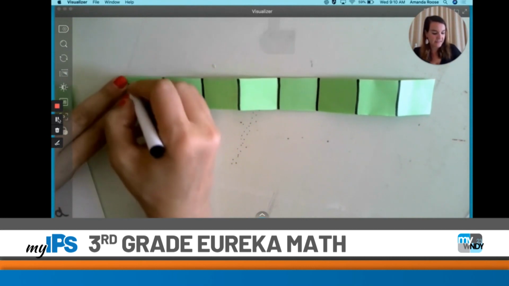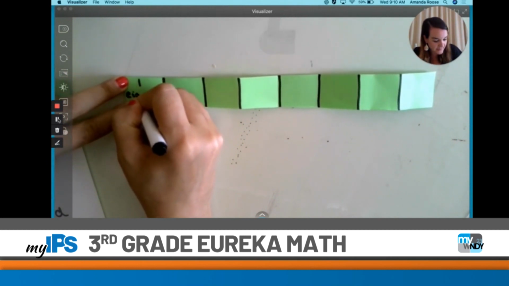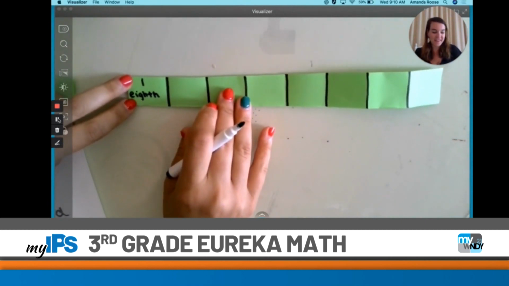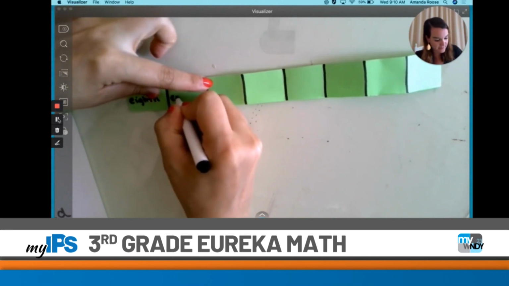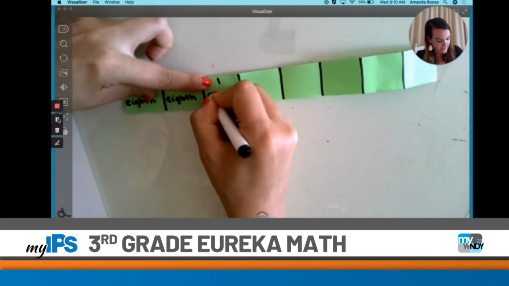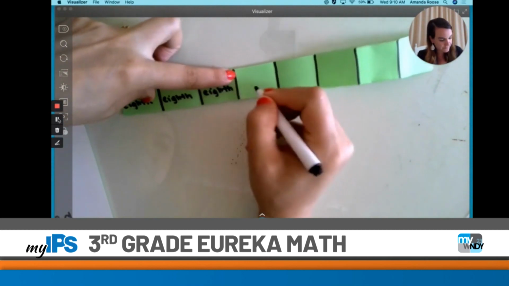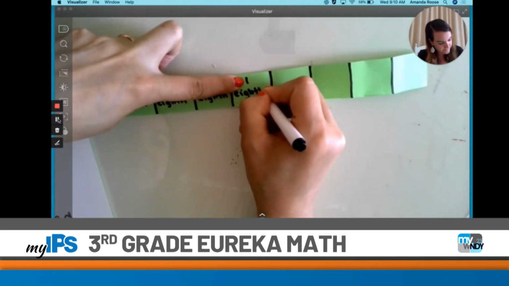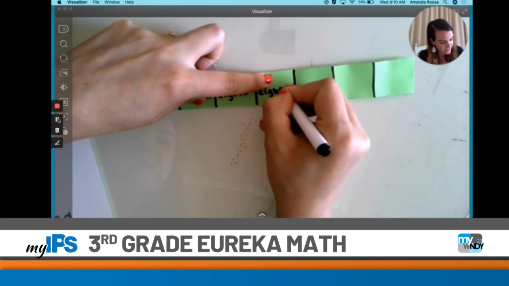1/8. Let's see if I can squeeze that on this tiny piece. Did it. 1/8. And another copy of 1/8. And another copy. I'm noticing something about the names of these fractional units.